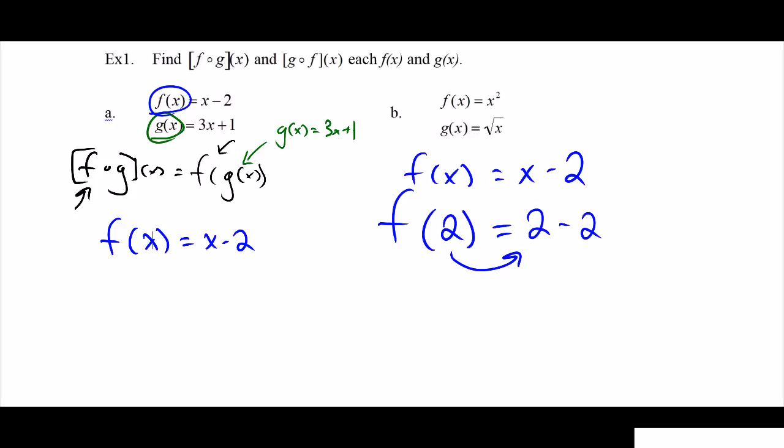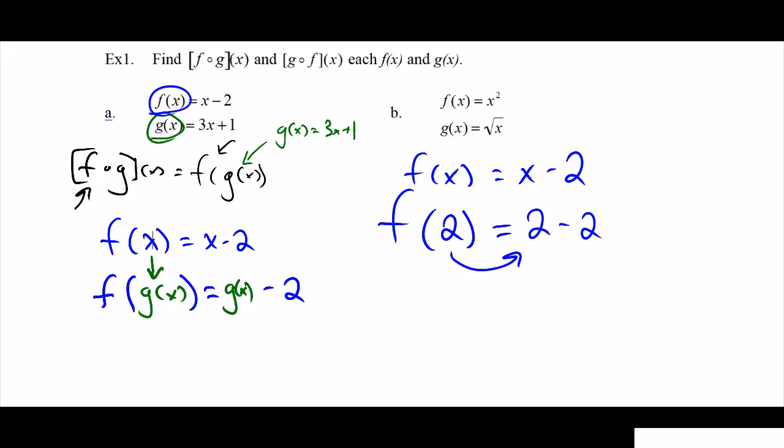So if we take that back into consideration, our f of g of x is equal to our f function. So it's going to be x minus 2. But whenever we see an x, we replace it with a g of x. So this is going to turn into a g of x minus 2.